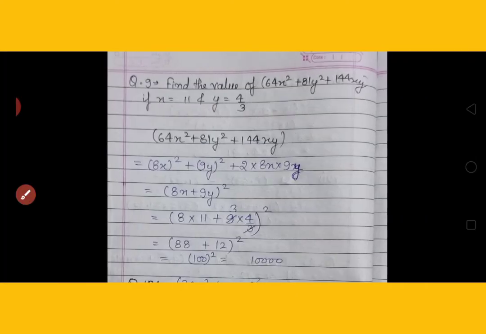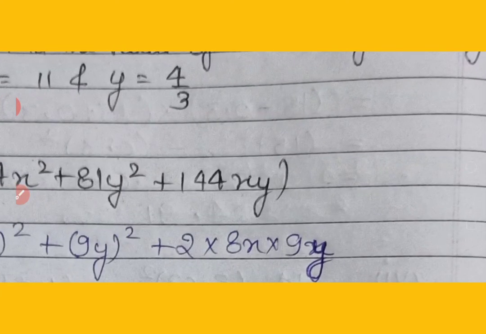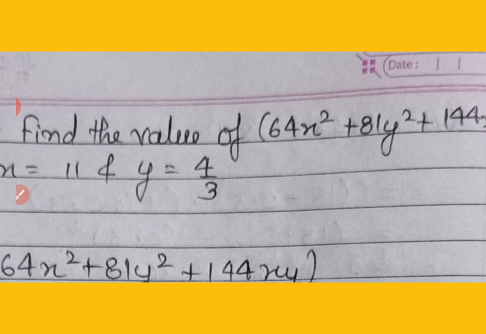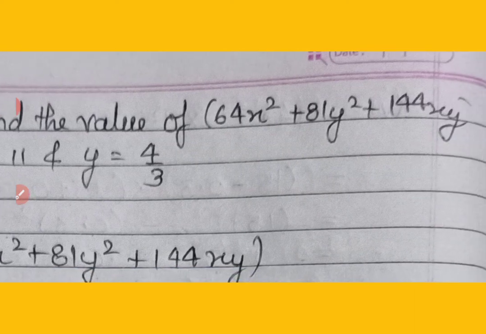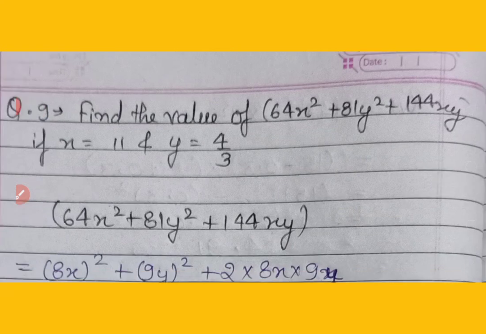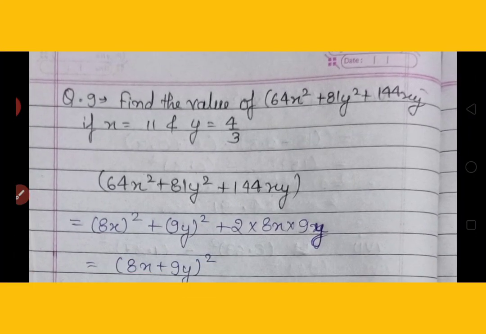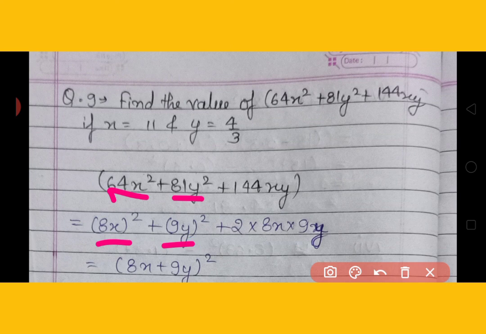Same pattern. Next question. It has given: find the value of 64x square plus 81y square plus 144xy, if x value is given 11 and y value is given 4 upon 3. So it can easily be broken. 64 is the square of 8, so it breaks into the form of (8x) whole square. 81 is the square of 9, so it breaks into the form of (9y) square.